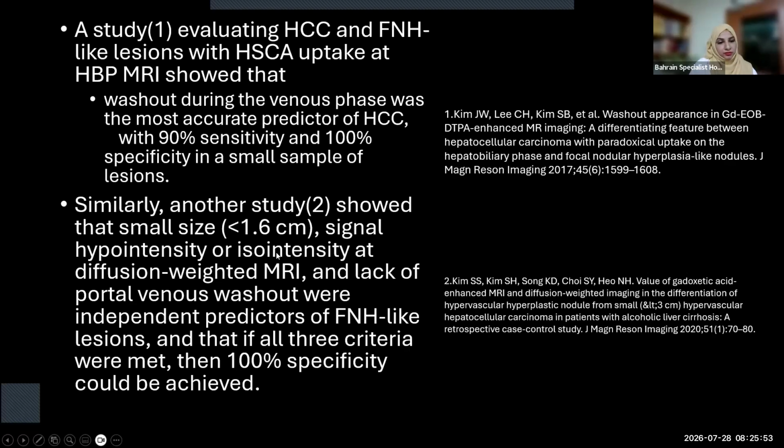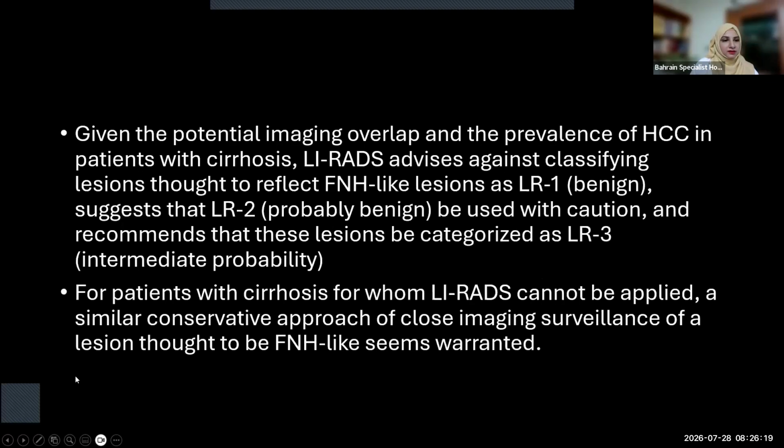Another study showed that a lesion size less than 1.6 centimeter, no diffusion restriction, and no portovenous washout were independent predictive factors for FNH-like lesions. If all these criteria are present in a lesion, it can be confidently diagnosed as an FNH-like lesion, even on the background of cirrhosis.